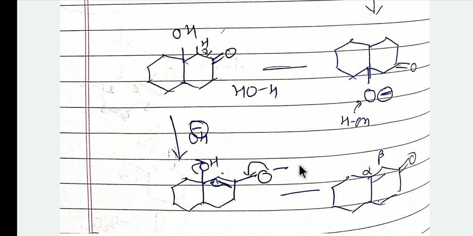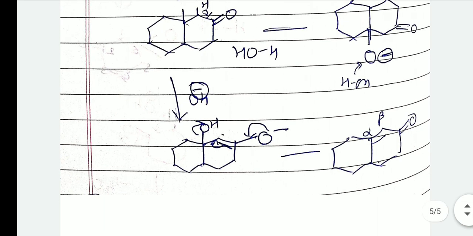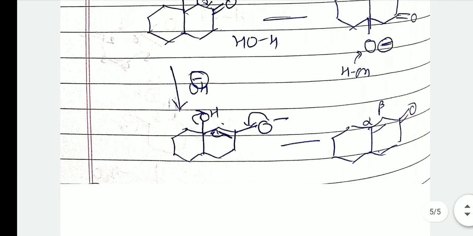This compound is very useful in steroid chemistry for the preparation of a lot of steroids. So with the help of the Robinson cyclization reaction, we cyclize the open-chain compound into a cyclic compound.